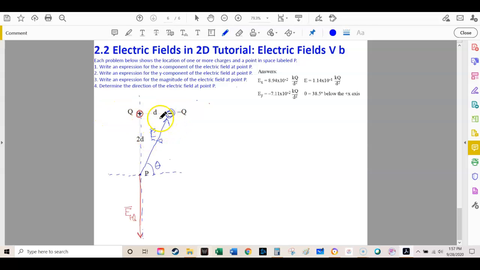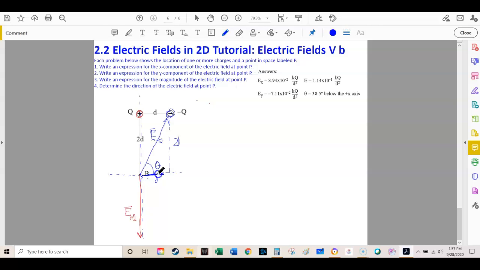And we need to figure out a couple of things. We're going to have to define what theta is, all right? So this is a distance 2d, and this is a distance d, right?